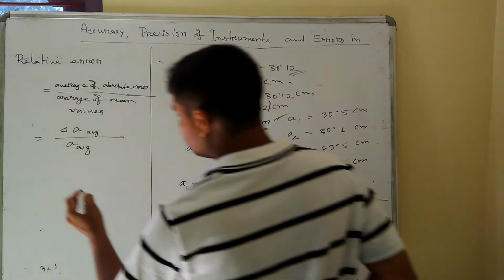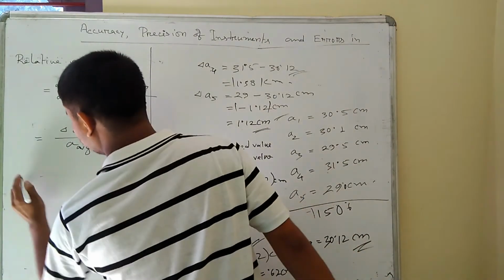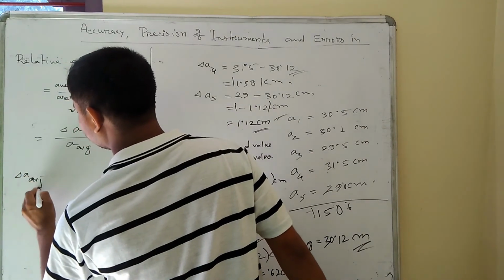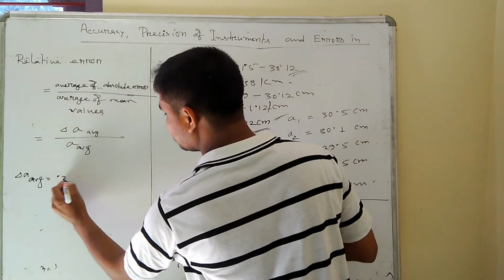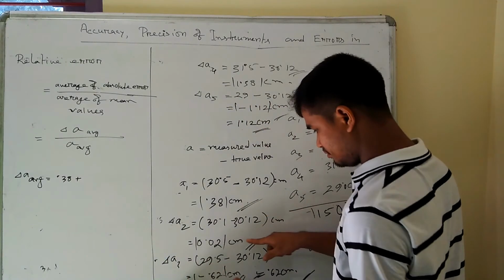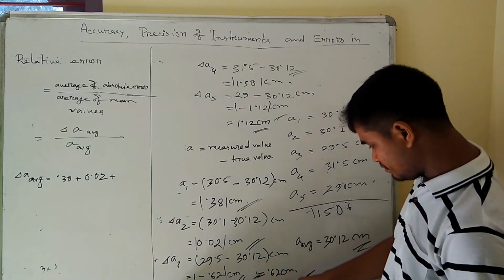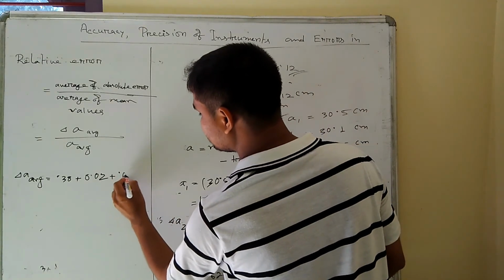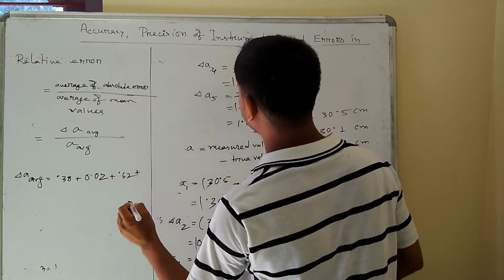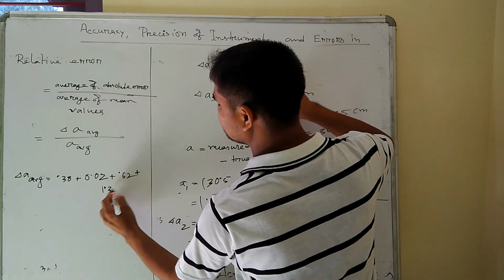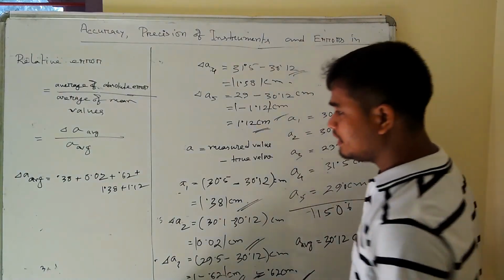Okay, now what is delta A average in this case? You can see the values: 0.38 plus 0.02 plus 0.62 plus 1.38 plus 1.12.